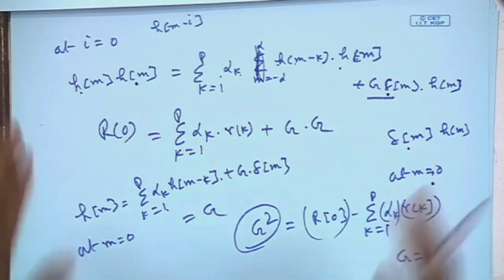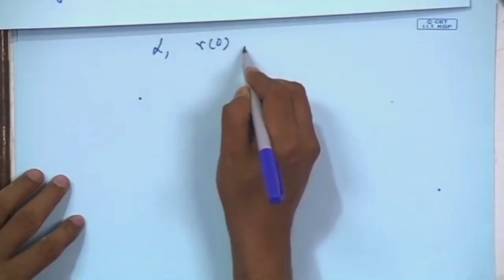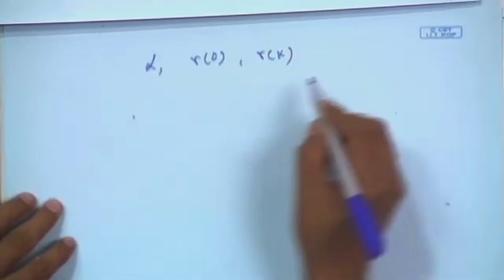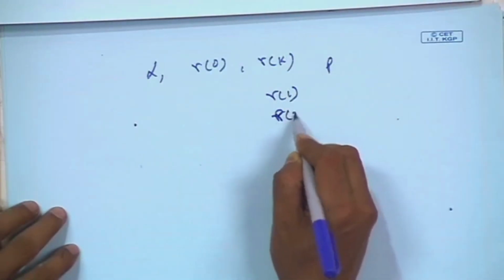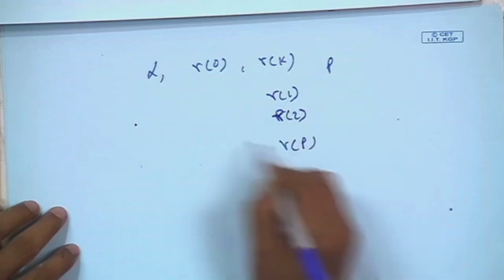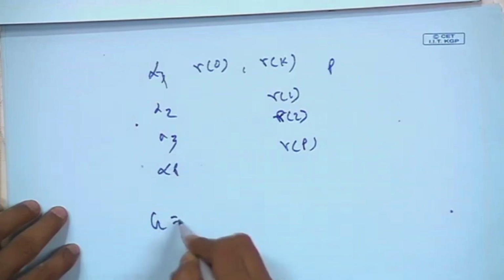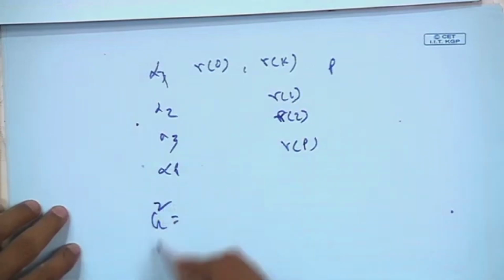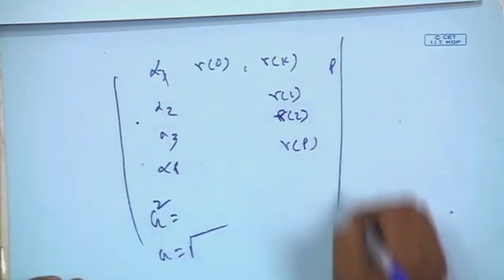Whatever speech segment I get, I can calculate the alpha values and R(0) and all R(k) values. If the order of the predictor is p, then I can calculate R(1), R(2), R(3) up to R(p), and alpha 1, alpha 2, alpha 3 up to alpha p, and then I calculate g. Once I get g square, g is nothing but the square root of that. So, model gain I can easily compute using this theory.